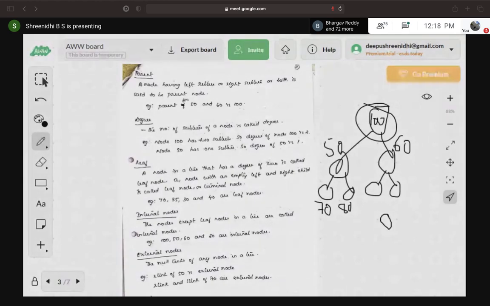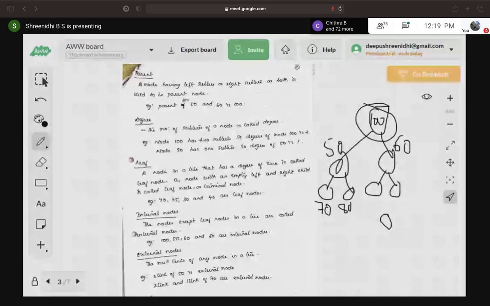What about the external nodes of a tree? The null links of any node in a tree.